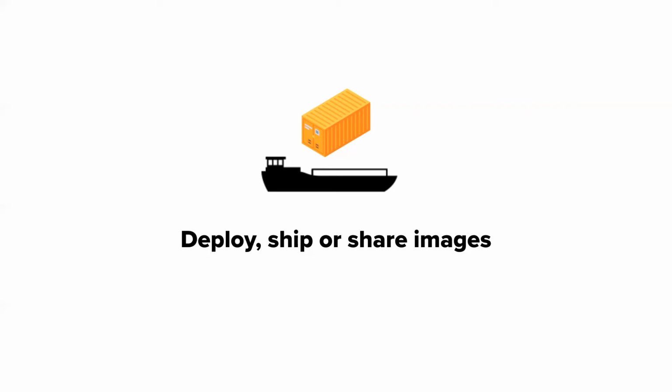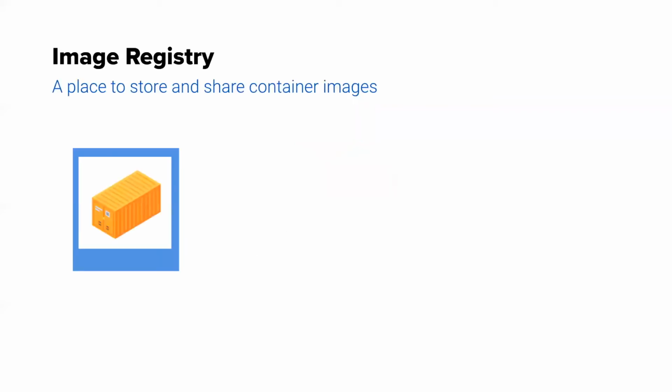You can use the analogy of photos: an image is like a photo, but when you want to share it or store it on the cloud so that it's accessible to other devices, you can use something like Dropbox or Google Photos. You need something similar to share Docker images or container images, and this is where image registries come in.